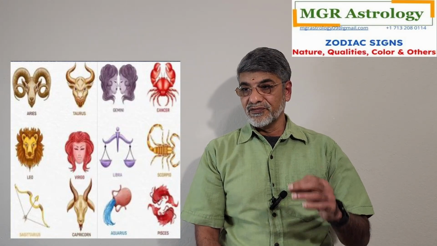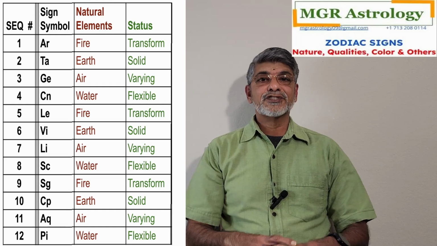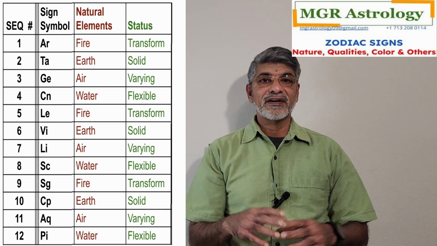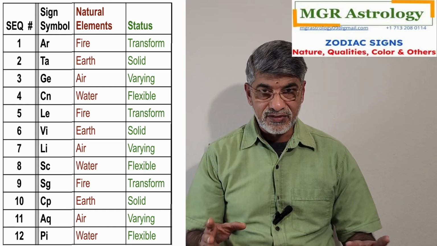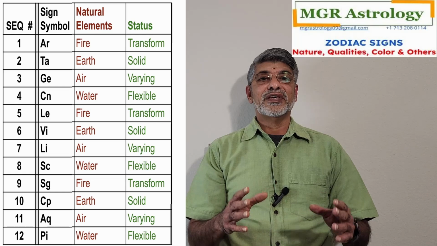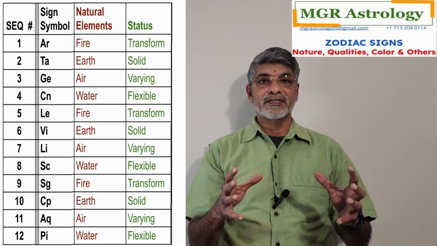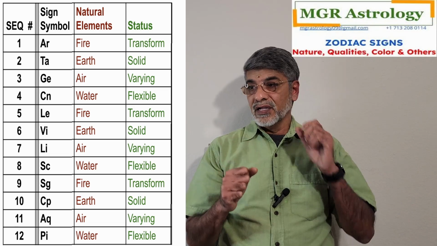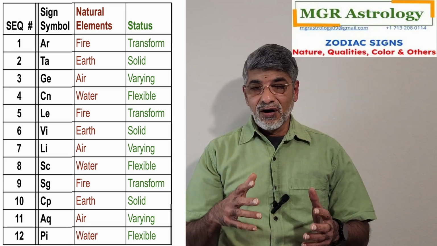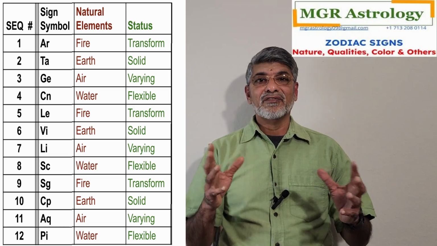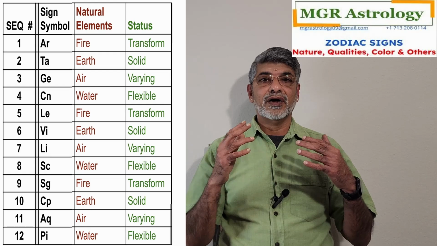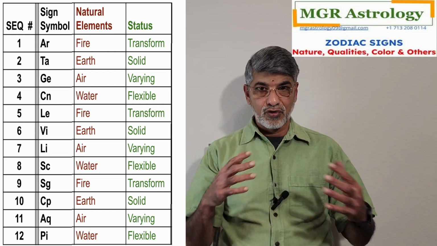The next are the abilities based on this Panchabhuta Tattvam allocated. Whenever it is fiery, it transforms things. So fire transforms things. Earth makes things or items solid, right? And the varying things are the air. Air varies. There are storms.